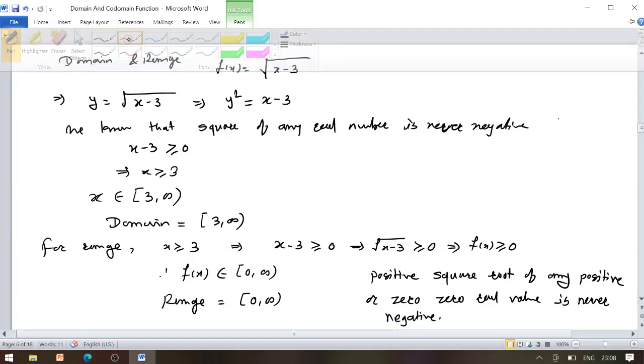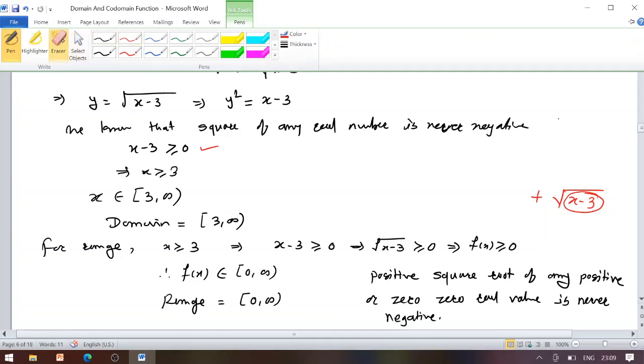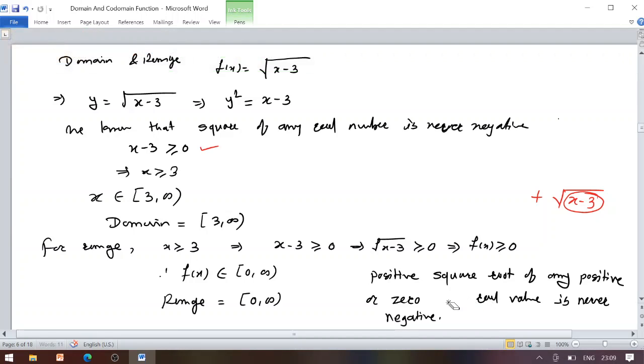We have the positive square root of x minus 3, with the condition x minus 3 greater than or equal to 0. So the positive square root of any positive or 0 real value is never negative. That means the y value, or the f of x value, is always greater than or equal to 0. So we have our range as the semi-closed interval 0 comma infinity.